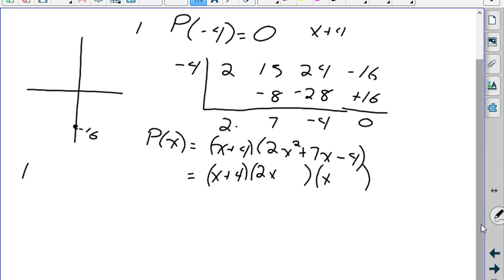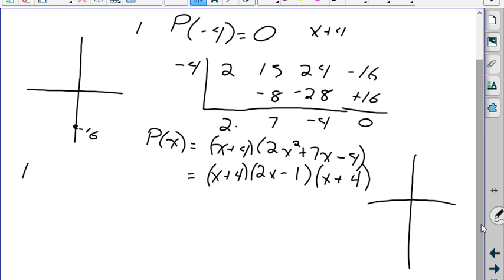In trial and error, I could put a 4 here and a 1 there and see if I can get negative 7 when I multiply. That's 2x minus 1, x plus 4. Again, I knew the answer because I just did it. But please make sure you understand that two numbers that multiply to negative 8 and add to positive 7 are positive 8 and negative 1. But the answer is not x minus 8, x plus 1, because x times x doesn't give you the 2x that we need here.